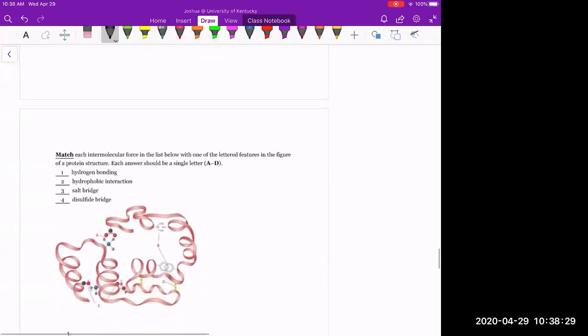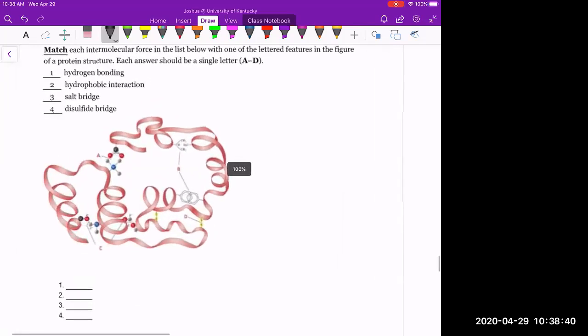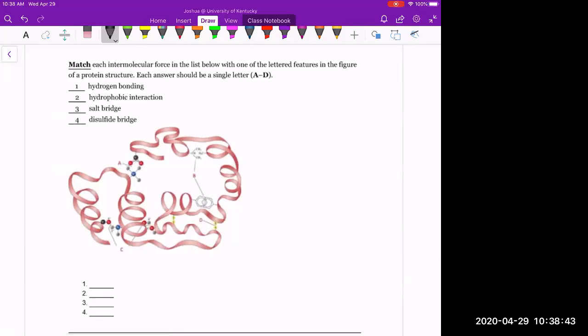Next question. Match each intermolecular force in the list below with one of the lettered features in the figure, the protein structure. Each answer should be a single letter, A or D. If we look at A, we've got an amino group and a carboxy group, a positive charge and a negative charge.